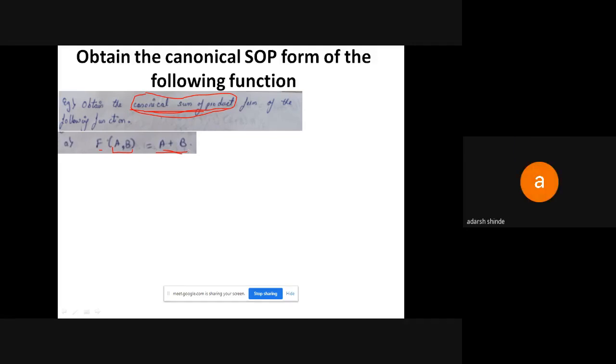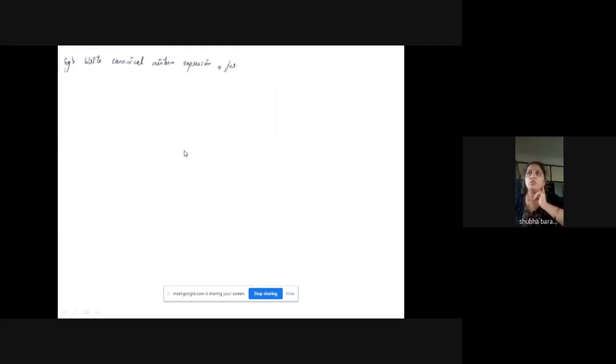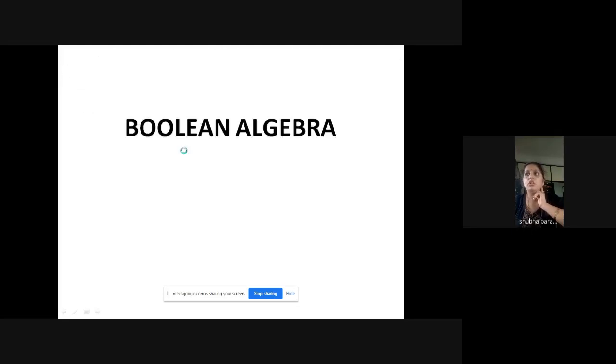So what you have to do is write the canonical SOP of the given expression. This is the given expression, f of ab equals a plus b. What is your work now? You have to express it in canonical mean term.